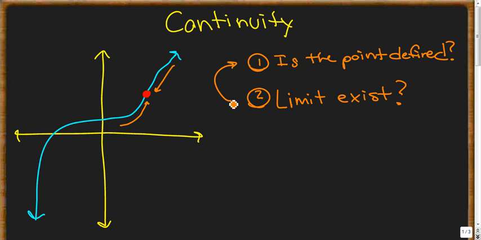These two things are not inclusive to each other. They don't have to both happen. This point could be up here, but the limit would still be at the red dot so long as they're agreeing that that's where they're going. They're going at least where the red dot is or where that area is supposed to be. So this is good as well. The limit does exist at this point.